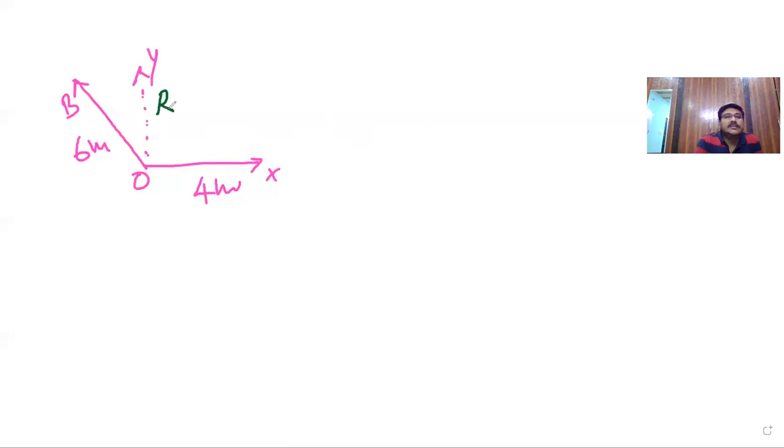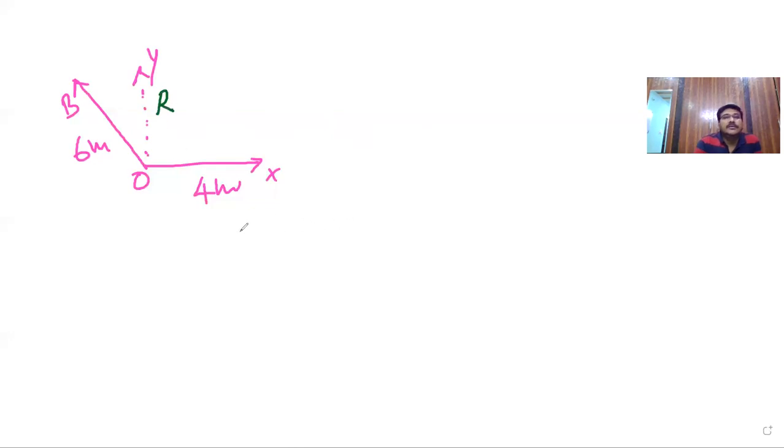Now I am showing again. This is the x-axis, OA, O is this. This is OB. This is 4 meters, this is 6 meters. This is the y-axis where the resultant R is acting.